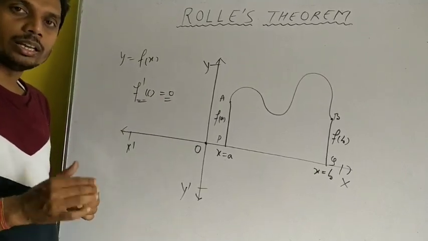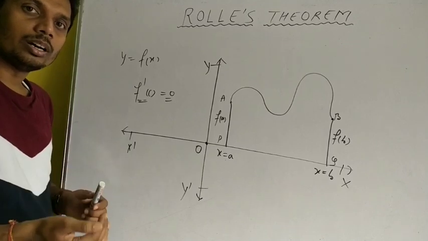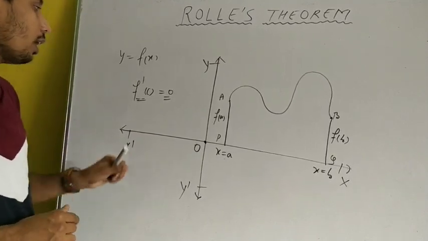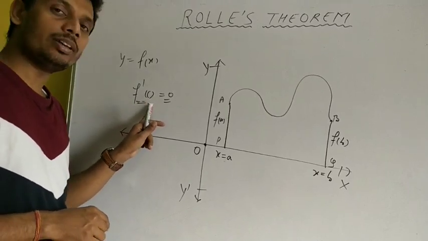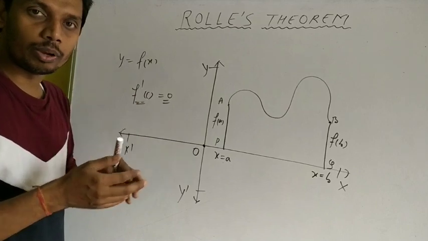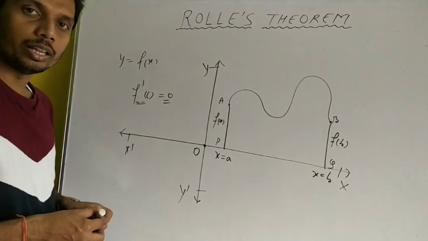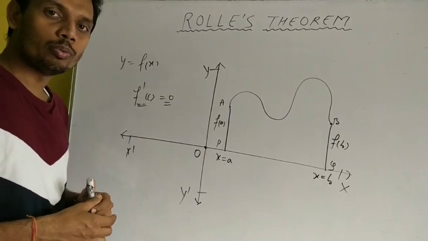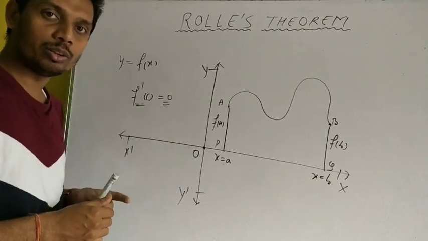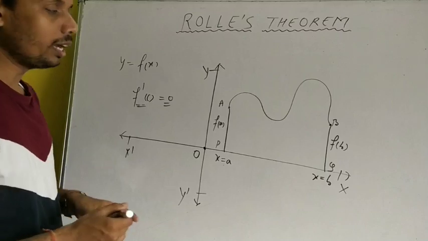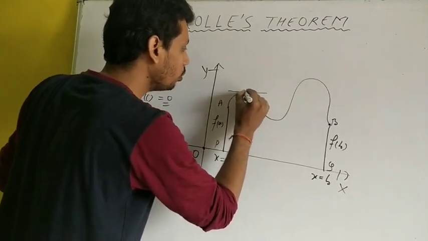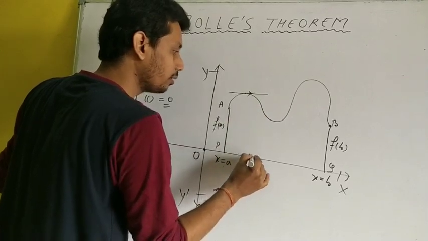As we know, the slope of the x axis is 0, and f'(c) is equal to 0 means the slope of the tangent is also 0. As the slope of the tangent and the slope of the x axis are equal to each other, what can we conclude? That the tangent at some point c on the curve y is equal to f(x) is parallel to the x axis. So we will get at least one tangent at the point c which is parallel to the x axis.